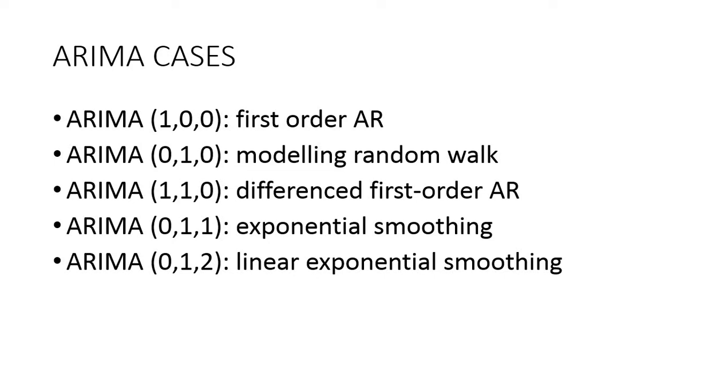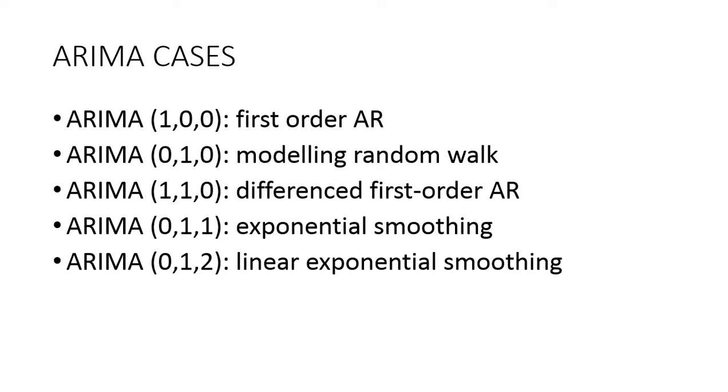ARIMA of 0,1,0 is basically for modeling random walk series. In this case, we do not include any autoregressive terms and no lagged error terms, and we do first order differencing, for the first order of integration. ARIMA of 1,1,0 is basically a differenced first order autoregressive model.